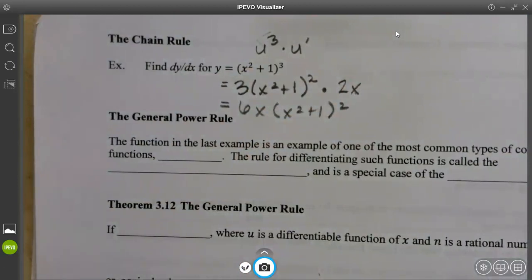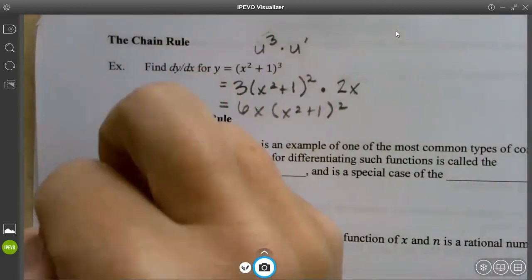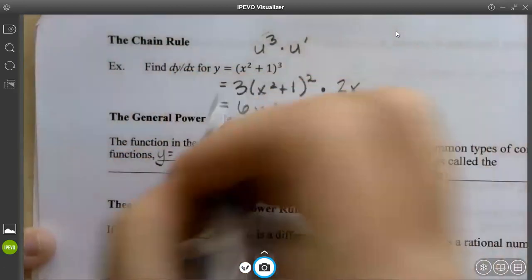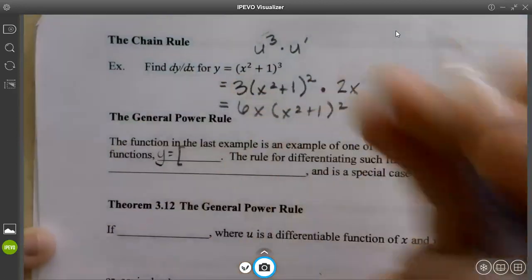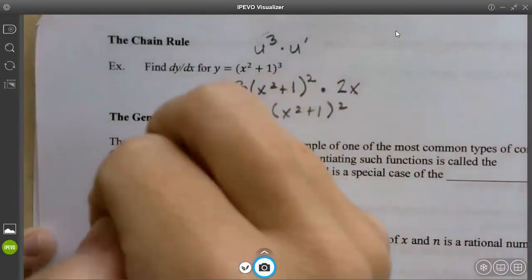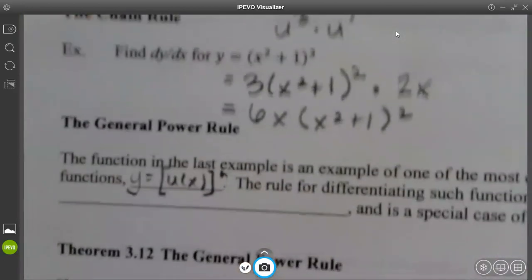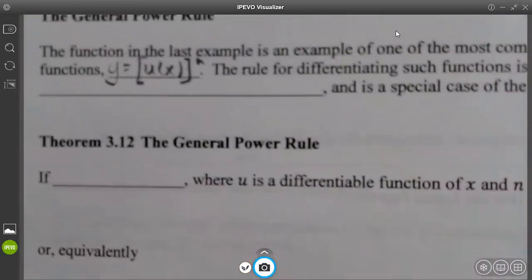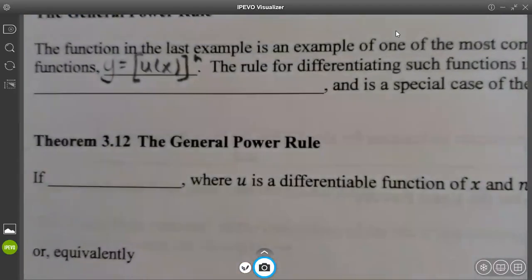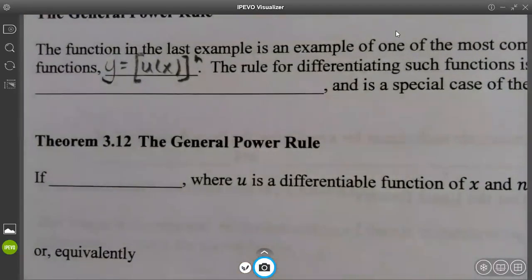All right, the general power rule. The function in the last example is an example of one of the most common types of composite functions, which is y equals u of x to the n. It's a normal power rule.